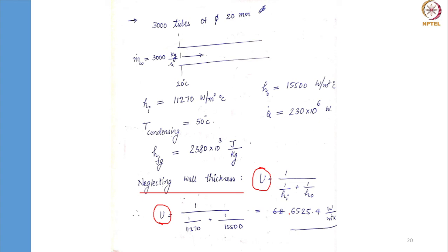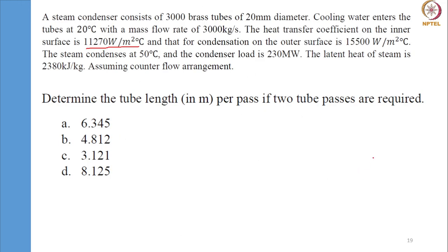Once we get this, we are interested to know the exit temperature of water again. Why? Because we are interested to find out LMTD. Why? Because we are interested to find out A. So again we are going to do an energy balance.